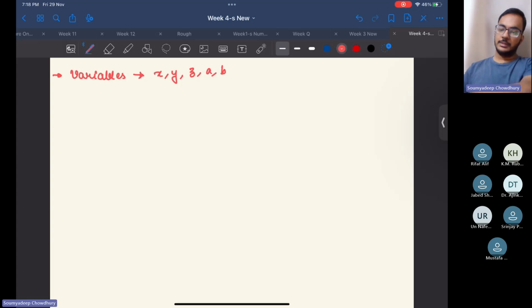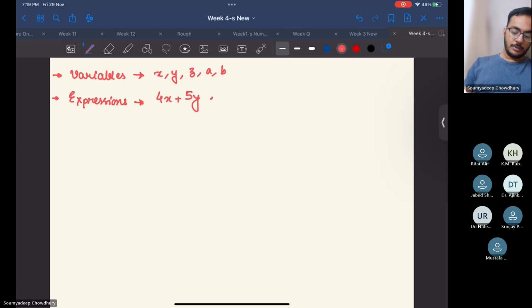Now using these variables, we will have different expressions or functions. Suppose using x and y, we form an expression which is 4x plus 5y, or we have 3x plus 2y plus z. Like this we can form different kinds of expressions.